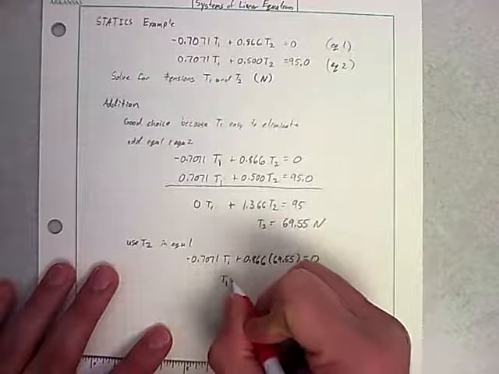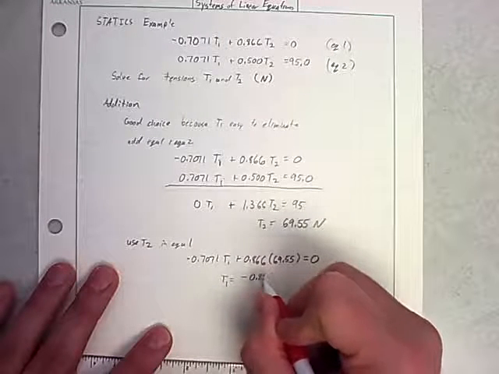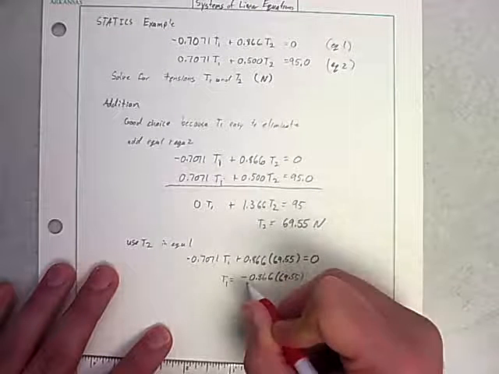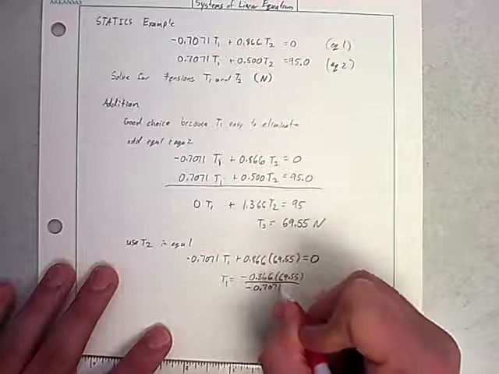So T1 is going to equal, I move that over the sign, it becomes negative 0.866 times 69.55 divided by negative 0.7071.